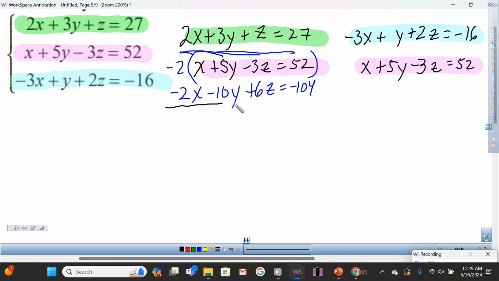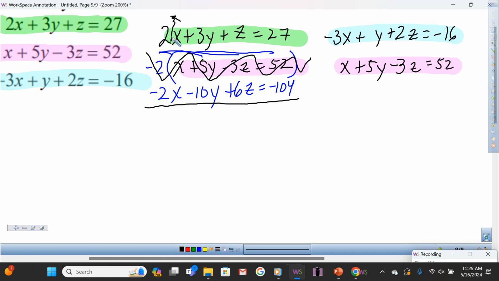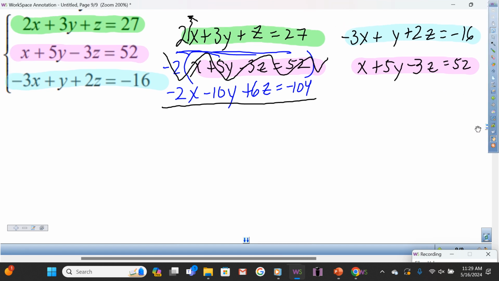Okay? So go like this and look up. Put the wiggles on the one in the middle, this one. We're not going to use this one anymore once you distribute. So here we go. What is 2x minus 2x? 0, they cancel, okay.